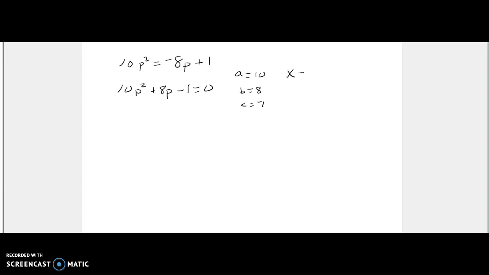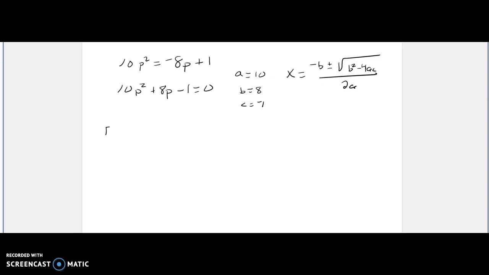For my quadratic formula, that says negative b plus or minus the square root of b squared minus 4ac all over 2a. Okay, so now I know that in this case, p is my variable, not x.